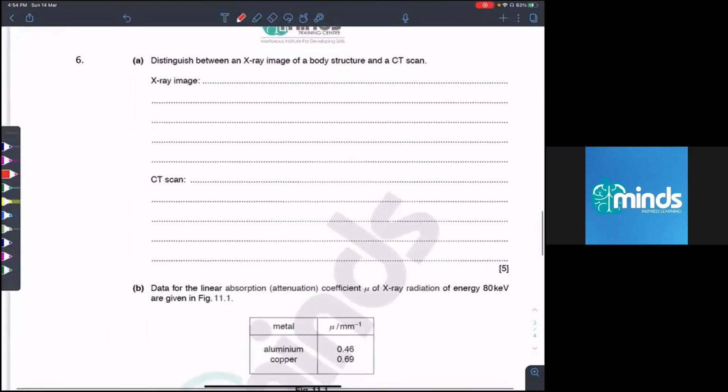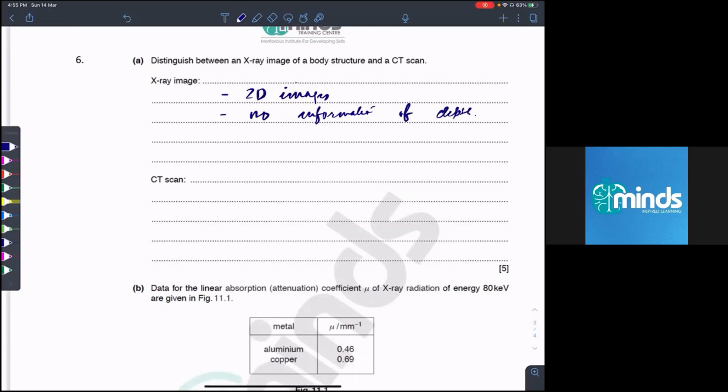Okay, so let's discuss the answer for this. Distinguish between an X-ray image of a body structure and a CT scan. So when we talk about X-ray image, X-ray images are 2D images. And when you say 2D images, you need to mention one very important thing: no information of depth.